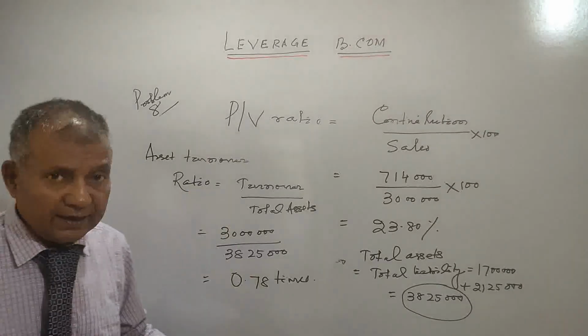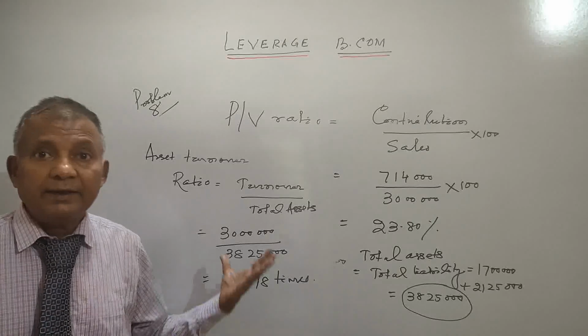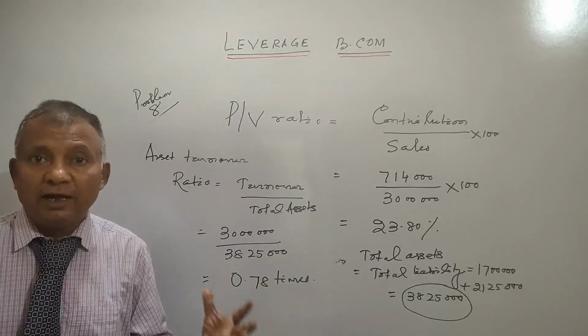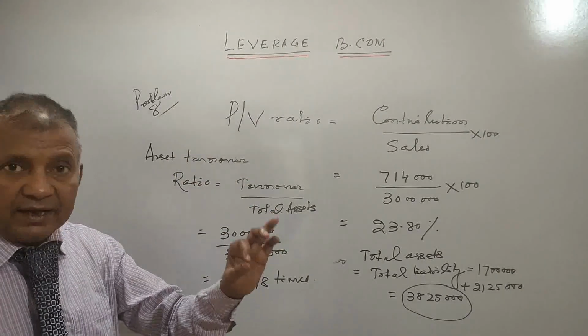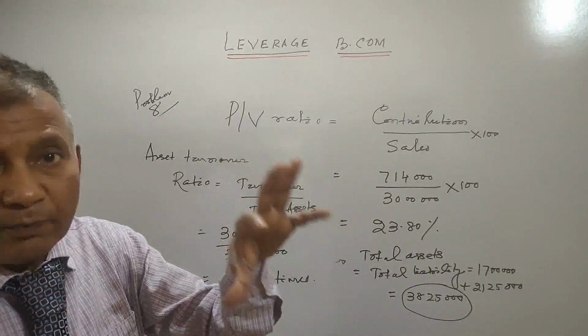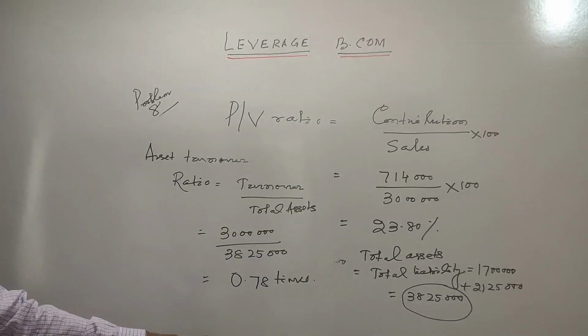Therefore, we can say the firm has a low asset turnover ratio, right?